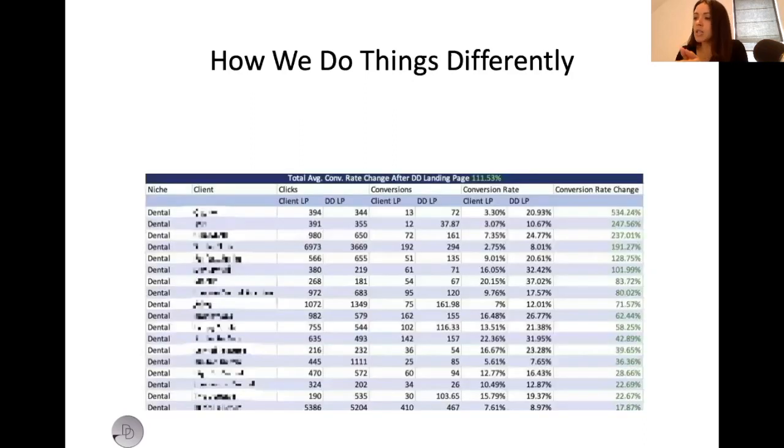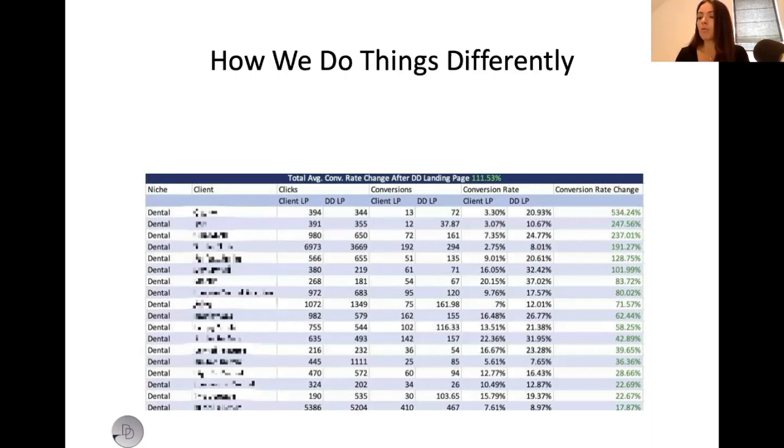So here's just an example of some of our split tests. So the client LP simply means the landing page that the client came on board with, quite often their website. Our LP, that column means that we built them one of our dental smart landing pages. And lastly, and most importantly, you want to take a look at the conversion rate column.